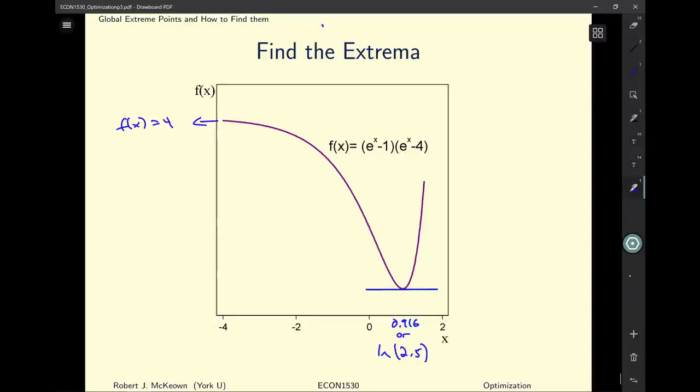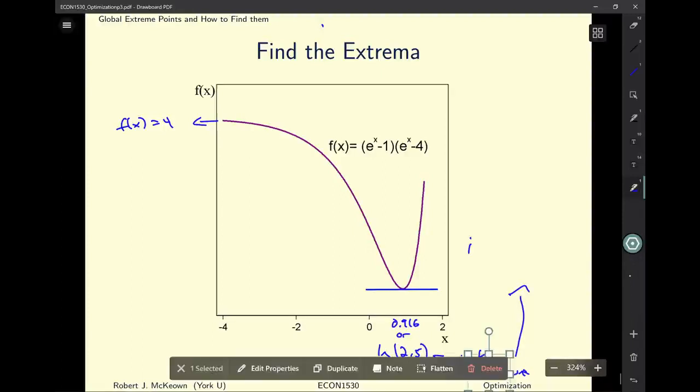And given this as being our domain, we can show that this critical point here is the minimum. It is an interior extreme point.